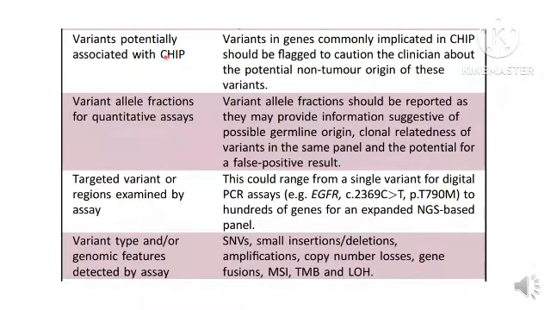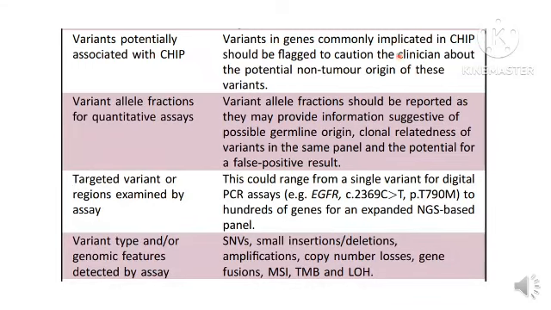Variants associated with clonal hematopoiesis of indeterminate potential. So variants in genes commonly implicated in CHIP should be flagged to caution the clinician about the potential non-tumor origin of these variants, because clonal hematopoiesis of indeterminate potential, as the name suggests, the clonal mutations are arising from hematopoietic elements, not from the tumor.